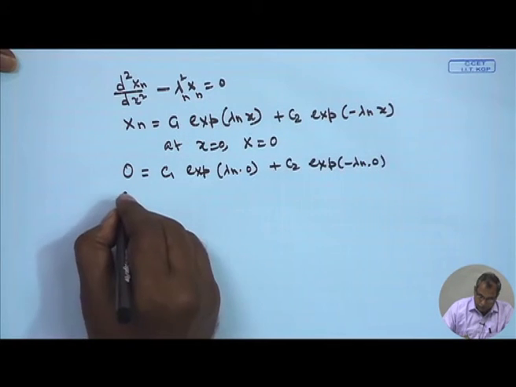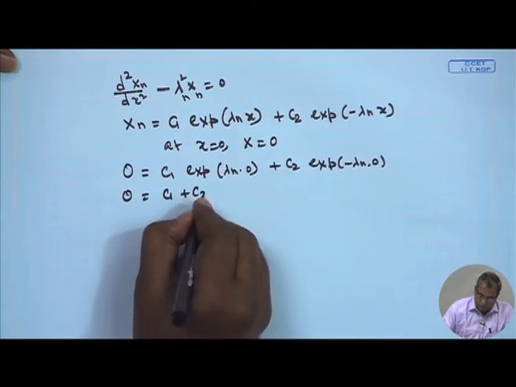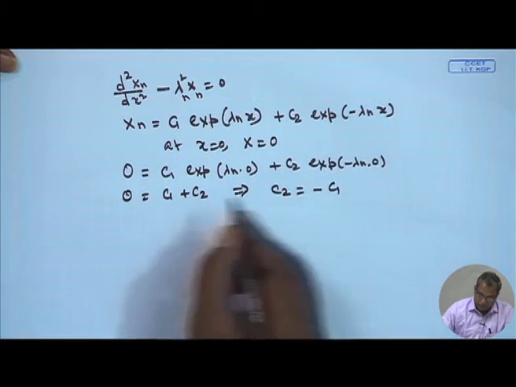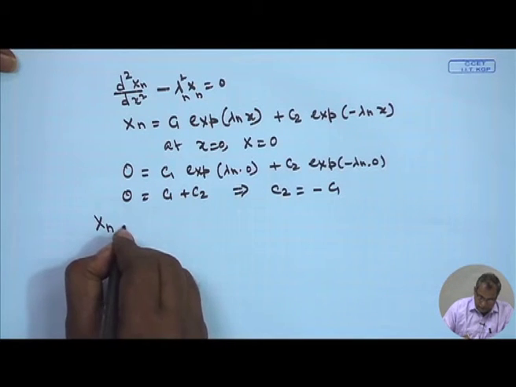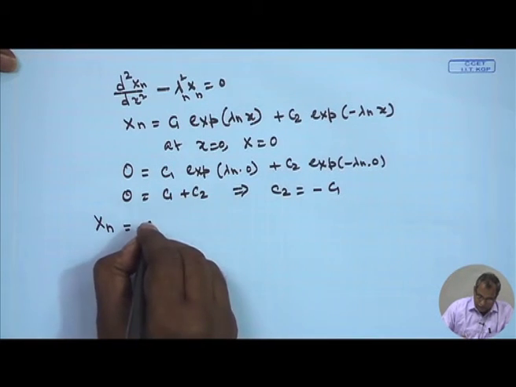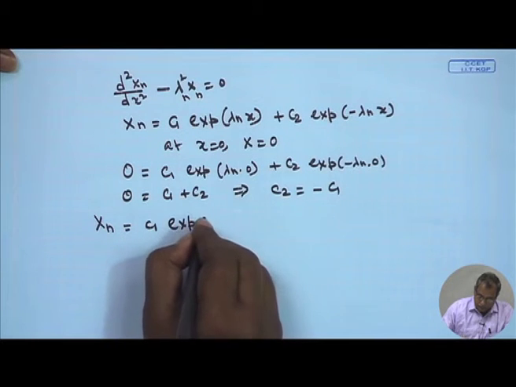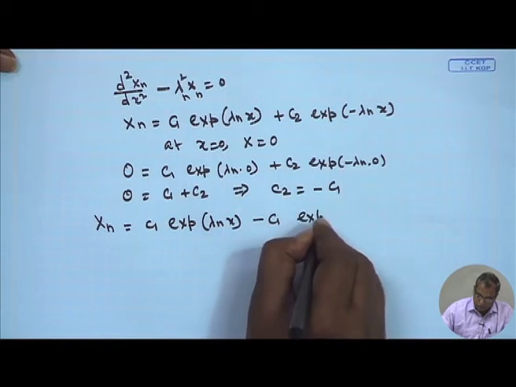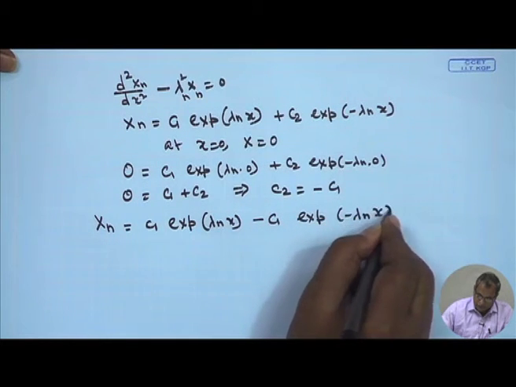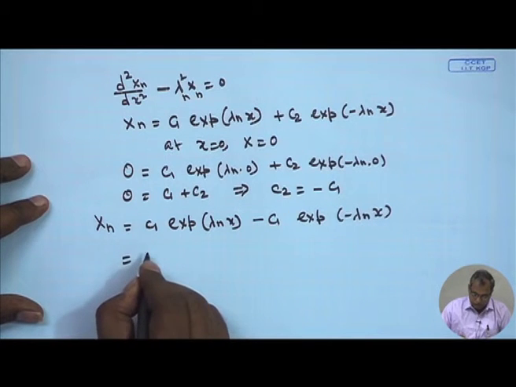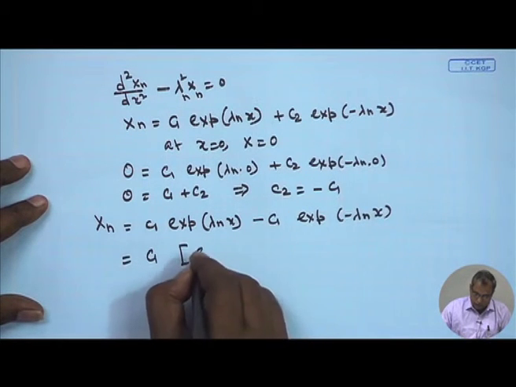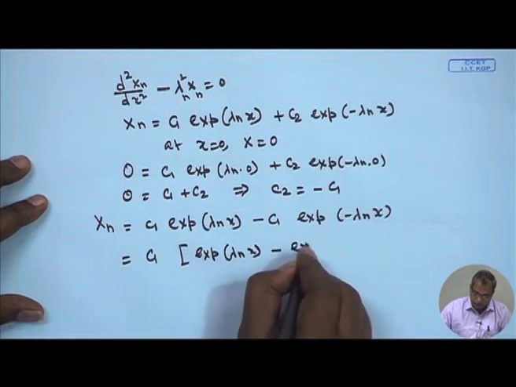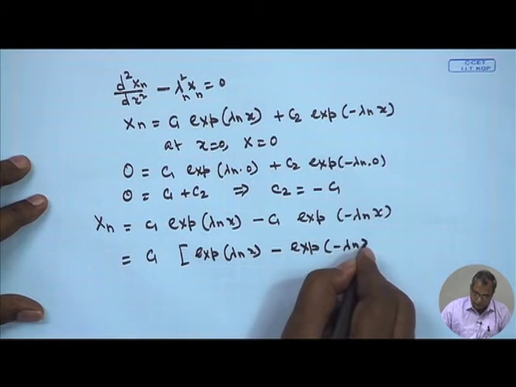So, it will be 1, and you get 0 = c1 + c2. From there, c2 = -c1. Then Xn = c1 exp(λn x) - c1 exp(-λn x) = c1 [exp(λn x) - exp(-λn x)].